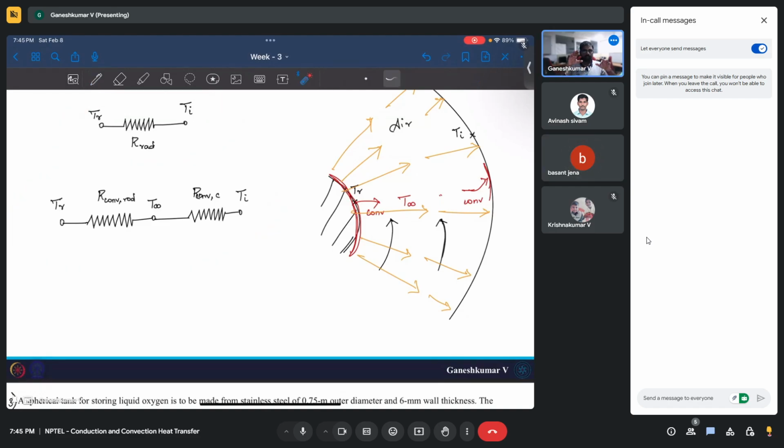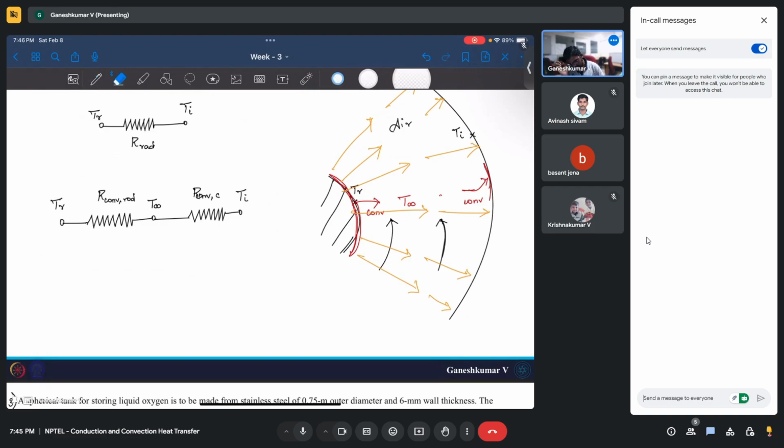So there are two parallel pathways for the heat transfer from the electrical rod to the enclosure. Now these two circuits are combined into a single one. So how will you combine? You just need to put it in parallel.